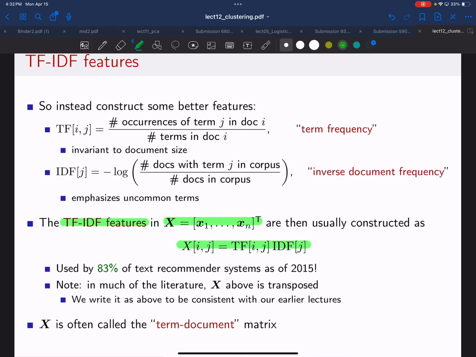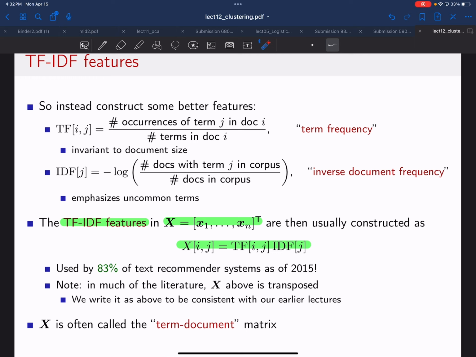This is a matrix where as you go down the rows, you go through the different documents, and as you go across the columns, you go across the different terms. Even though this is quite a simple model, as of 2015, it was used by 83% of the text recommender systems. So it's definitely a very common thing to do.